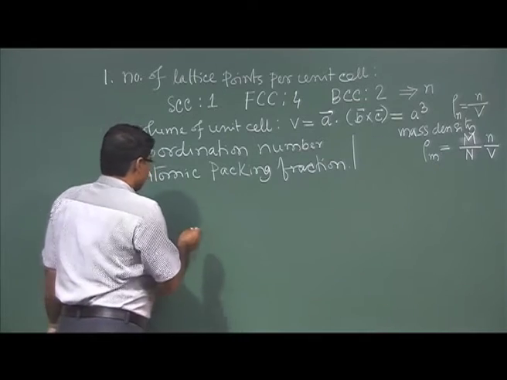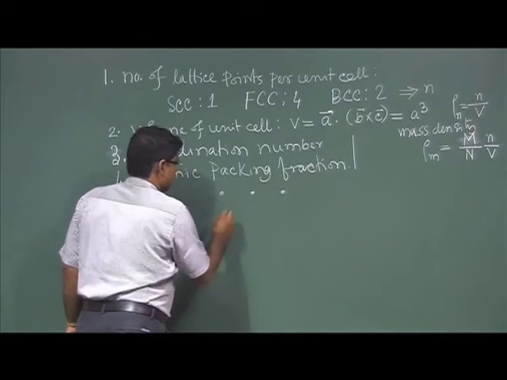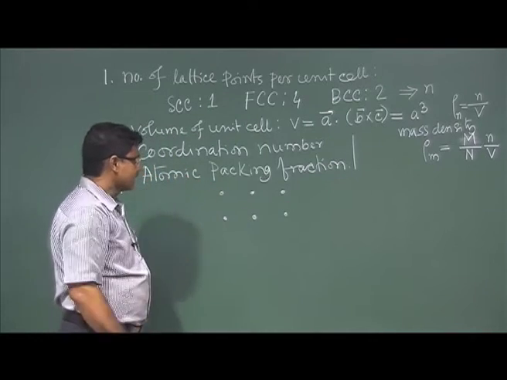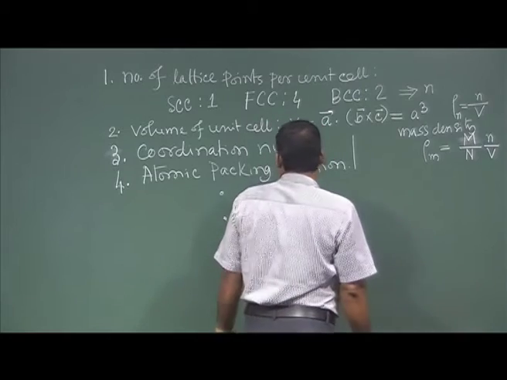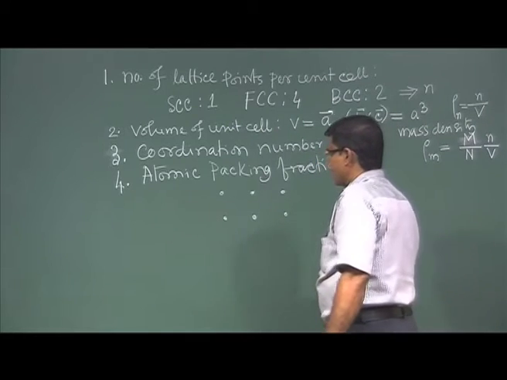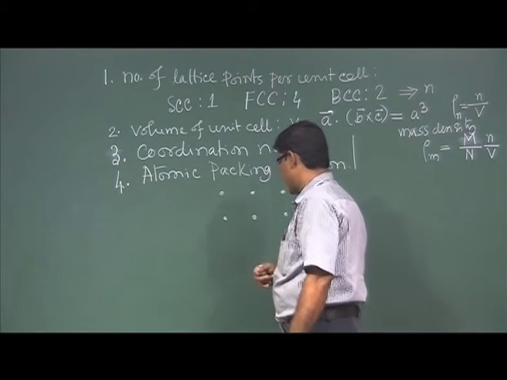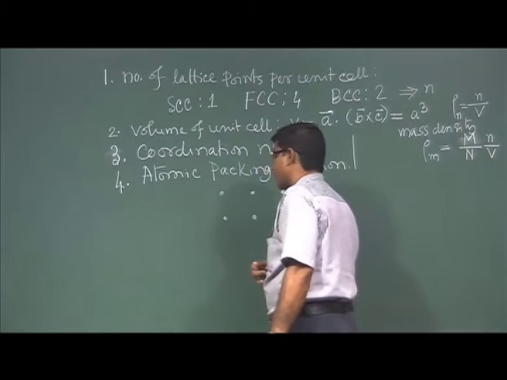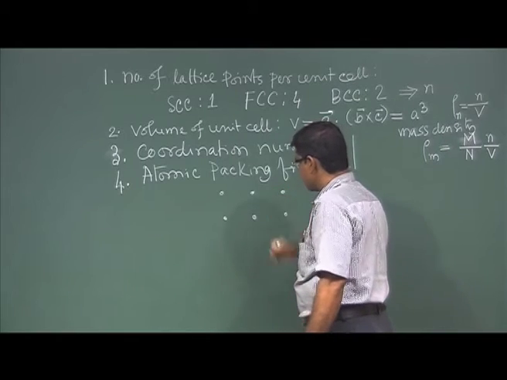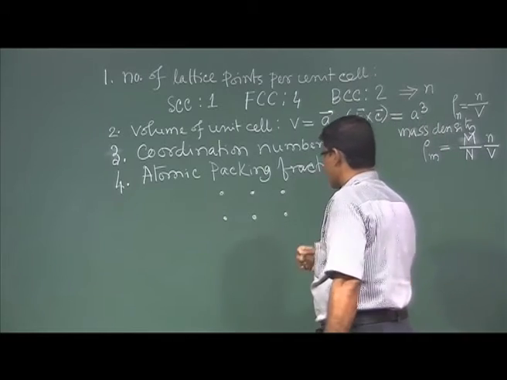So lattice has some points in space, right. Now in real crystal we have to put atoms in this lattice. As I mentioned earlier, this lattice is nothing but a framework or skeleton of crystal. So when we put atoms in this skeleton or framework, then we get the real crystal.